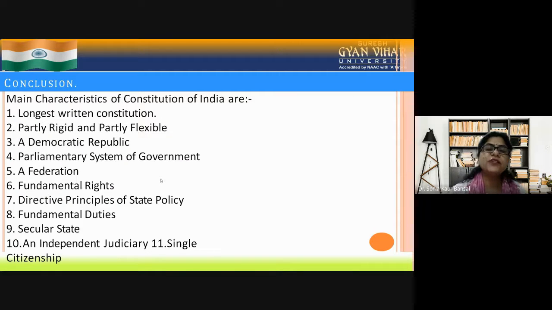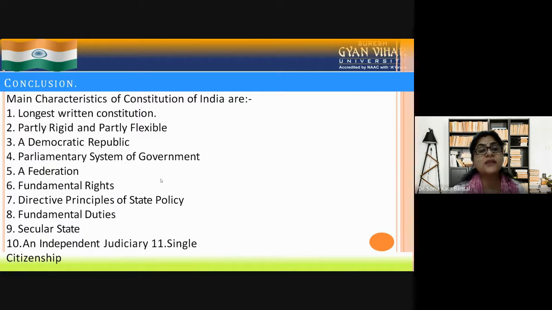Now, in conclusion, we can say that the Indian Constitution has lots of characteristics, and in that we have the longest written constitution. It is partly rigid and partly flexible, a democratic republic, parliamentary system of government, a federation system is here, fundamental rights, directive principles of state policy, and as well fundamental duties are elaborated for the citizens.